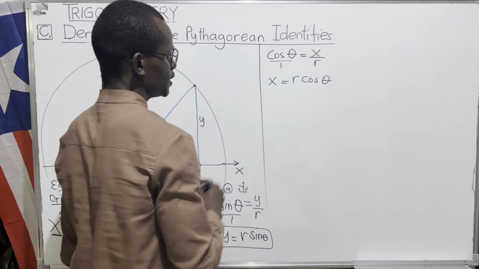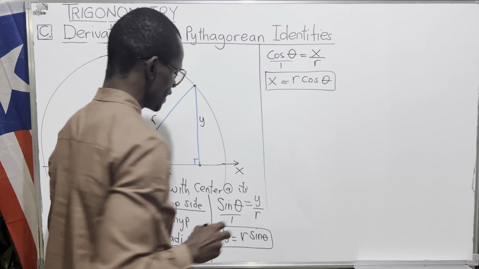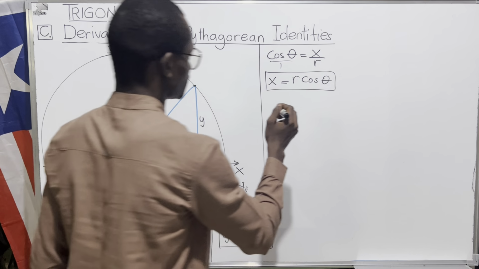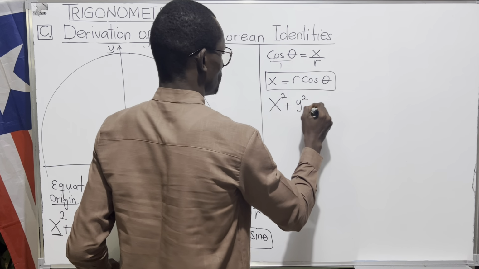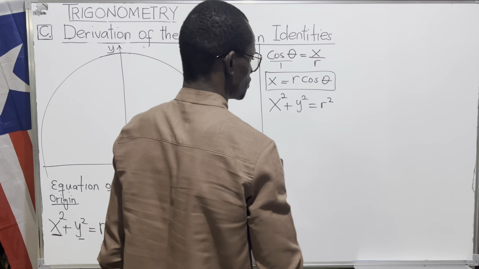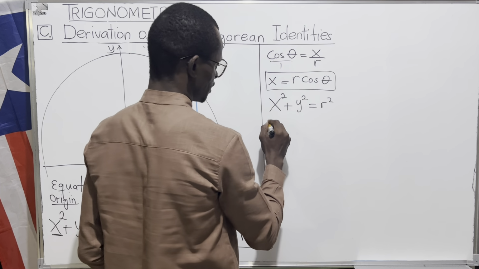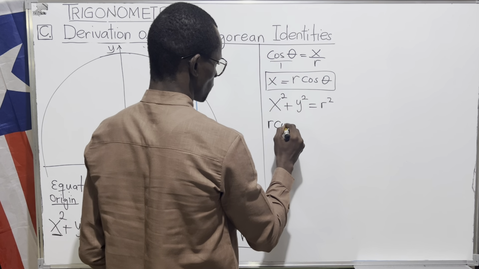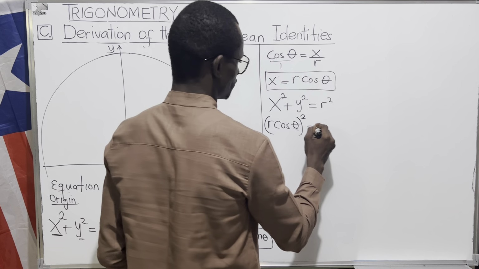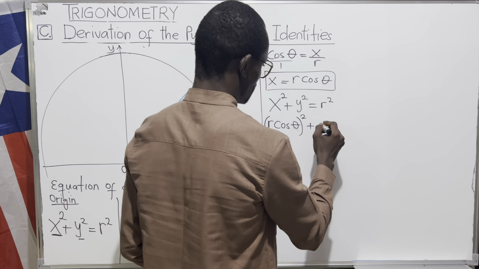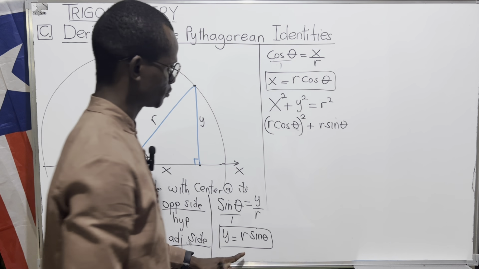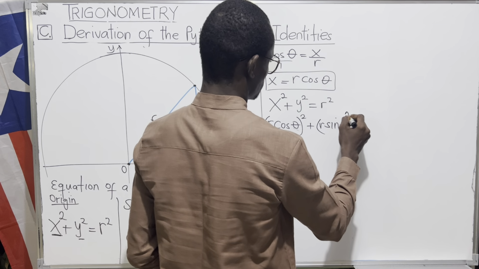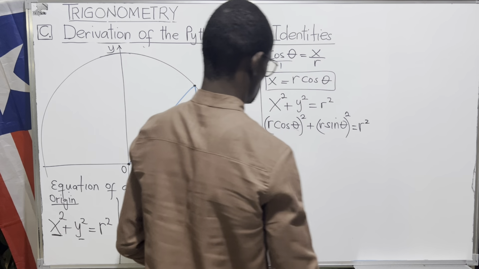So what we need to do is replace x and y within the equation of a circle with the center at its origin: x squared plus y squared equals r squared. x is r cos of theta, raised to the second power, plus y, which is r sine of theta, what we got from right here, raised to the second power, equals r squared.